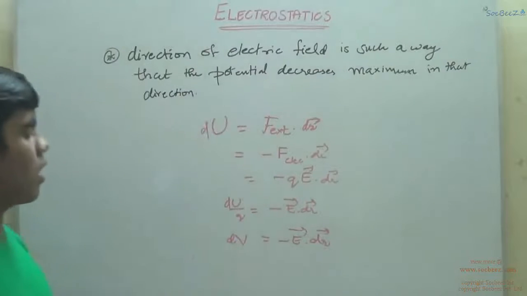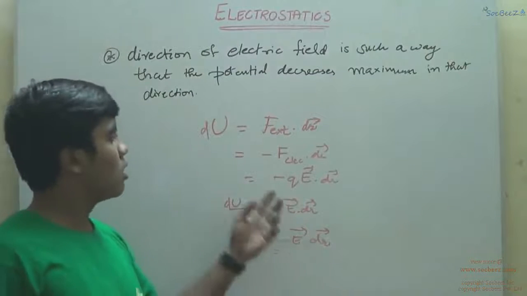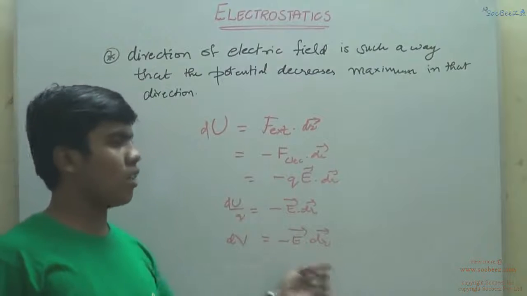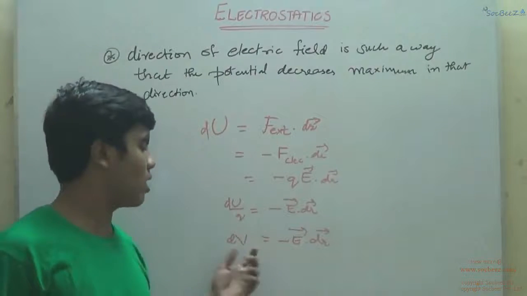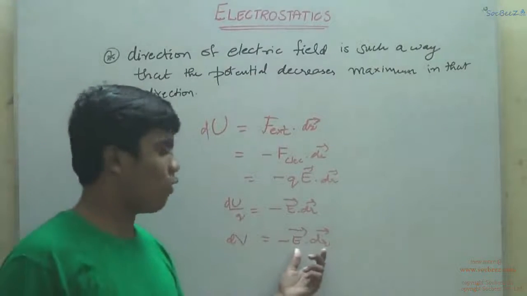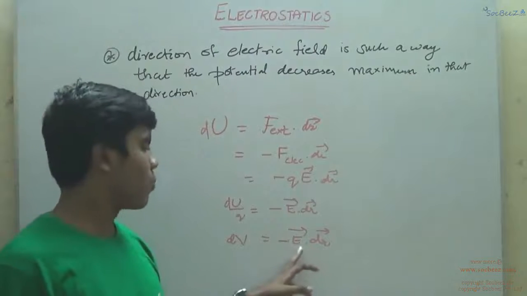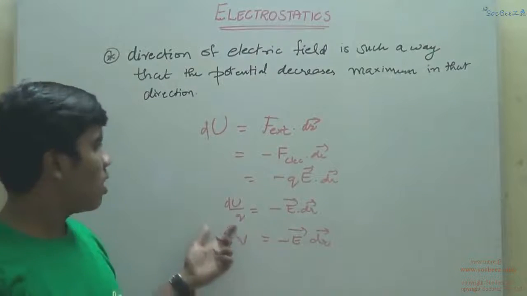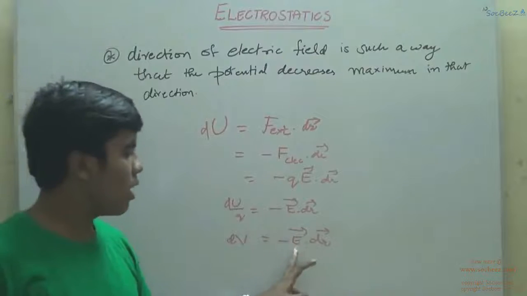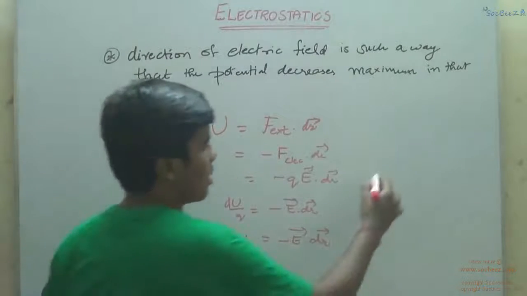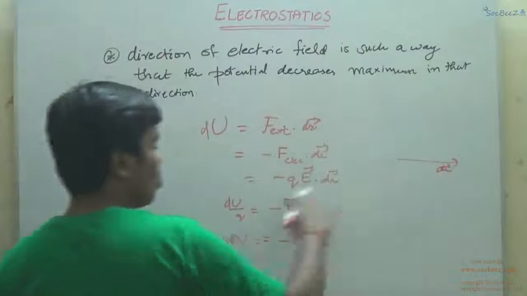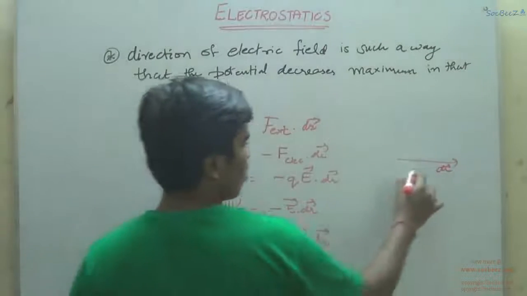Considering the dot product with dr, the drop will be maximum when both E and dr are in the same direction. So whenever the potential decreases maximum in a particular direction, when we fix a direction, it means that we are fixing dr. So in that direction the electric field also should lie.